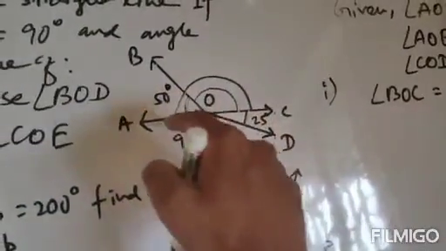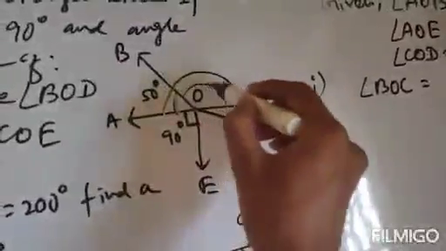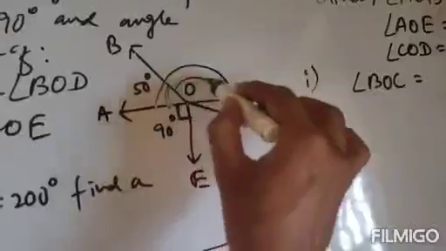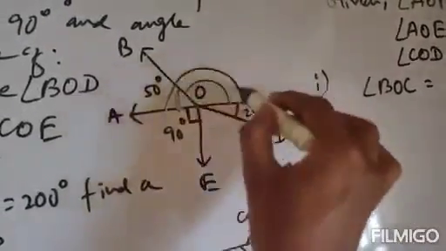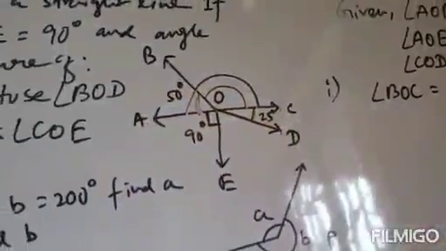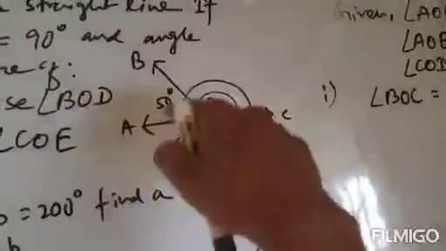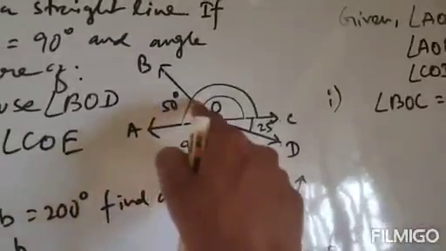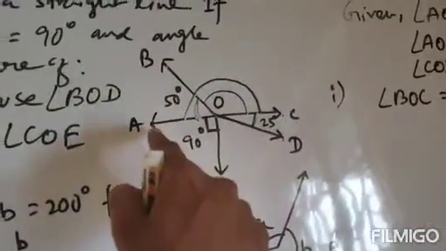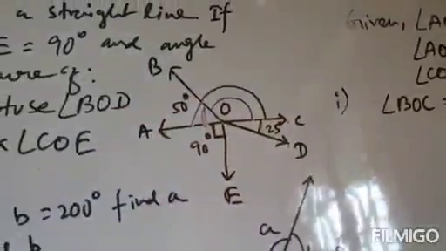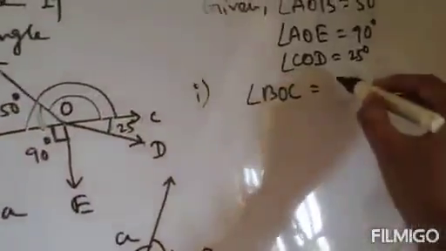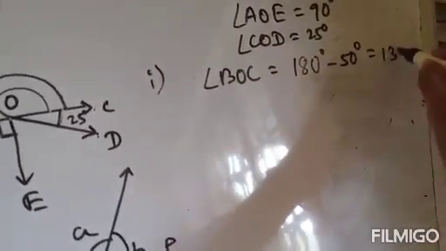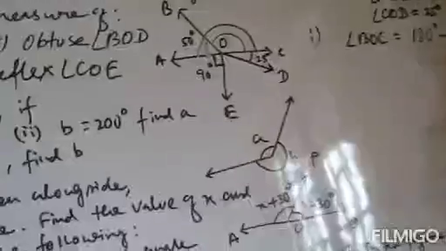This total angle is the sum of this 50 degree and this part. So if we subtract 50 degree from 180 degree, we will get angle BOC. That means BOC will be 180 degree minus 50 degree, so your answer will be 130 degree. That is the first part.